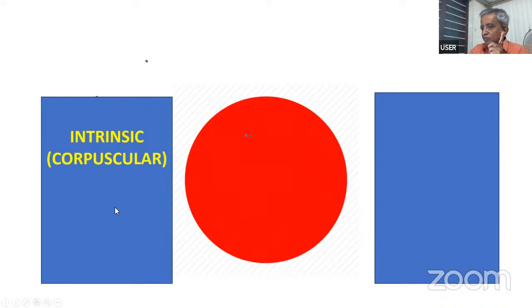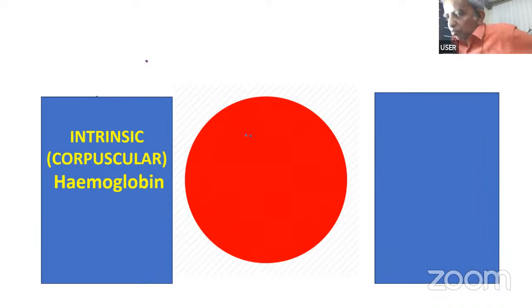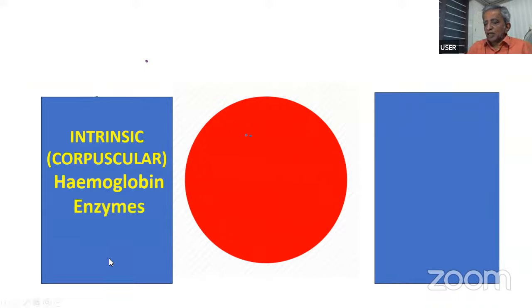Now, what are the intrinsic corpuscular factors that can lead to hemolysis? One, the hemoglobin itself may be at fault. There are a lot of hemoglobinopathies where you find hemolysis happening throughout life. Then you have the enzymes. There are 2-3 enzymes; a lot of enzymes are there. Important ones are G6PD deficiency, pyruvate kinase deficiency, and pyrimidine 5' nucleotidase deficiency.